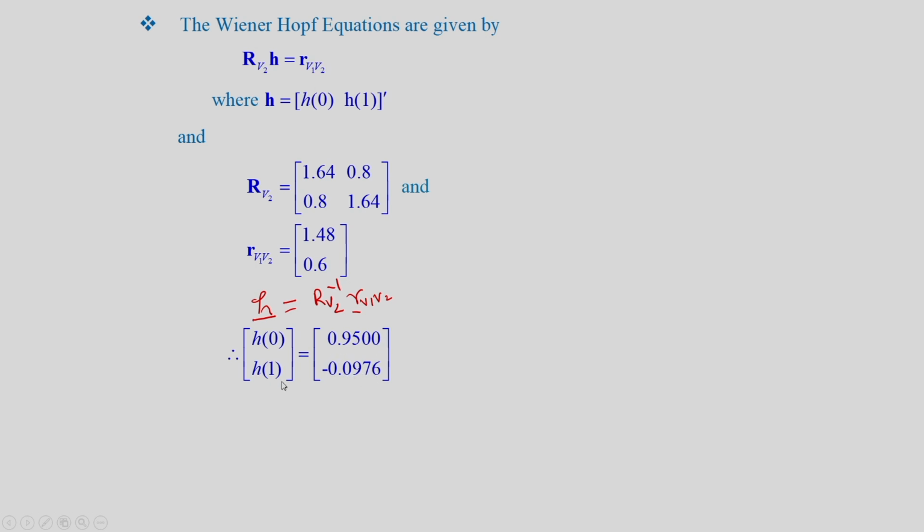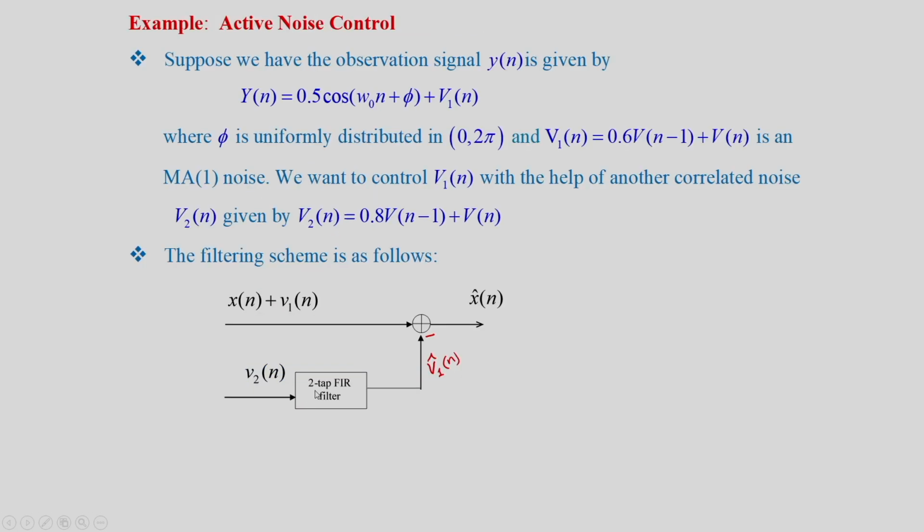Now, these are the filter coefficients corresponding to this two-step FIR filter, and when we filter this noise sequence with this filter, we will get v1 hat(n), and this will cancel out v1(n). So, that way we get the noise cancelled output.